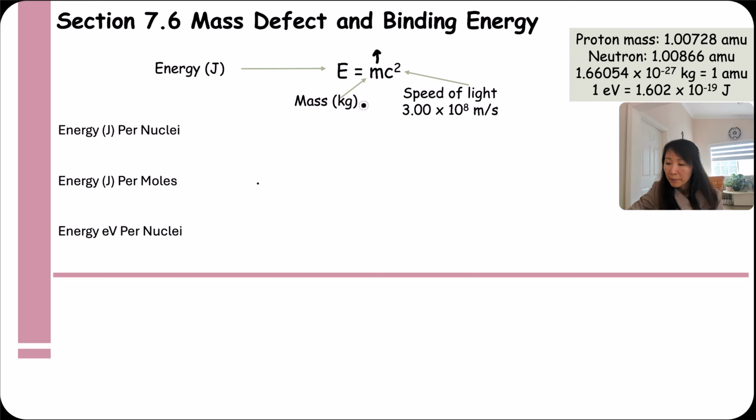So our mass from the previous slide was 0.1537 AMU. Utilizing the unit conversion on the right-hand side, every 1 AMU, I'm going to put that below, 1 AMU, so that the units could cancel out, is 1.66054 times 10 to the negative 27 kilograms.